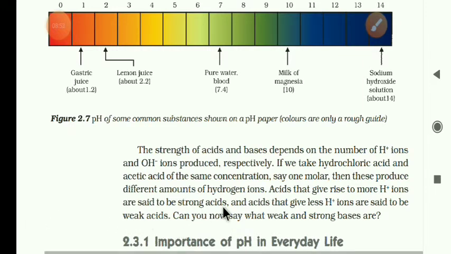These are all weak acids. Can you say now what are weak and strong bases? Strong bases: sodium hydroxide, potassium hydroxide and calcium hydroxide. Weak bases: ammonia, methylamine and ammonium hydroxide.